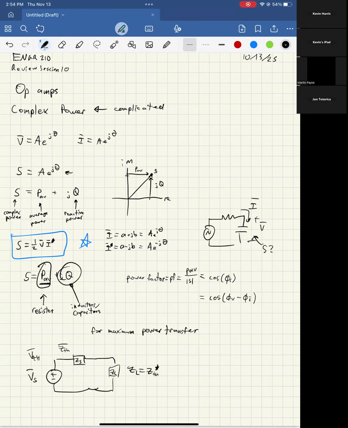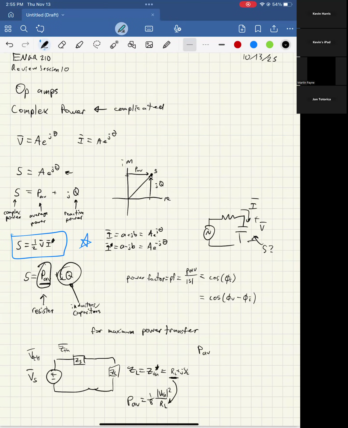What this does is it makes it so that your P average, if you do the math, you end up getting 1/8 times VTH squared over RL, where ZL is equal to RL plus jXL. So RL is just the real component of that impedance.